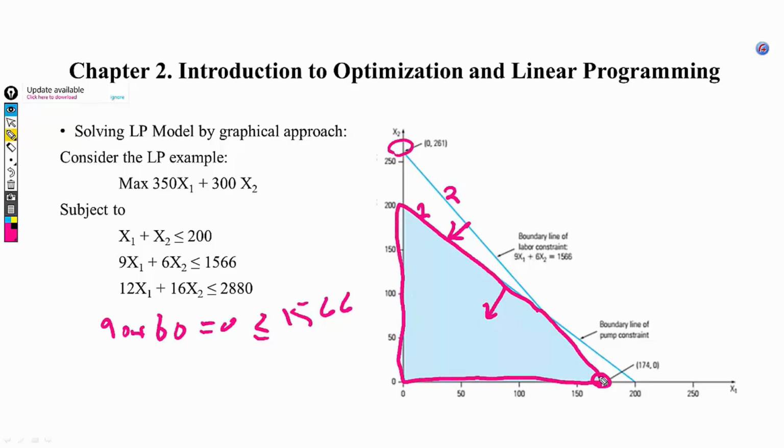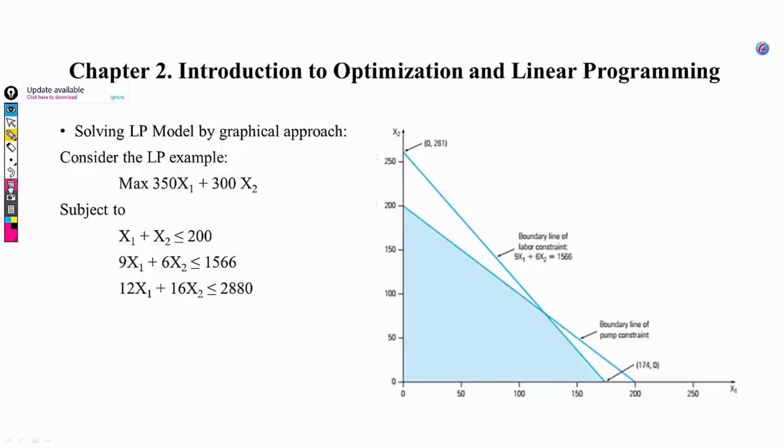And then we have the third constraint. If we want to have the third constraint, we have to plot the boundary line, which means we have to consider it as an equality.